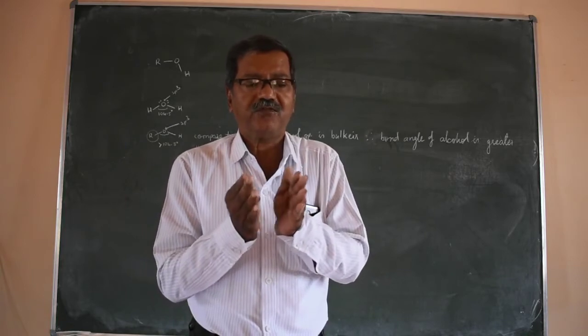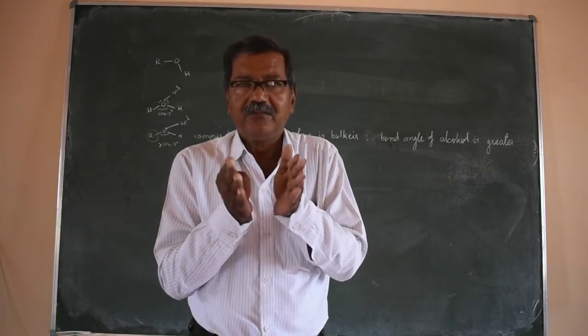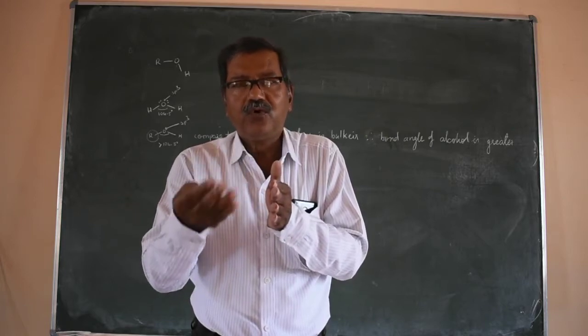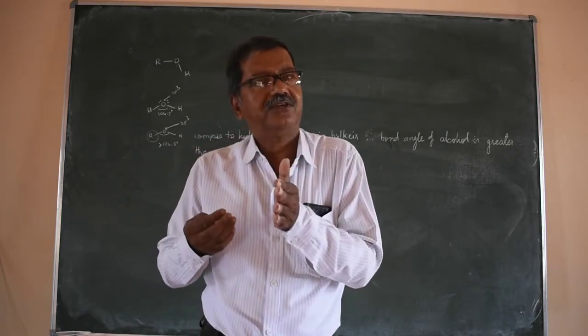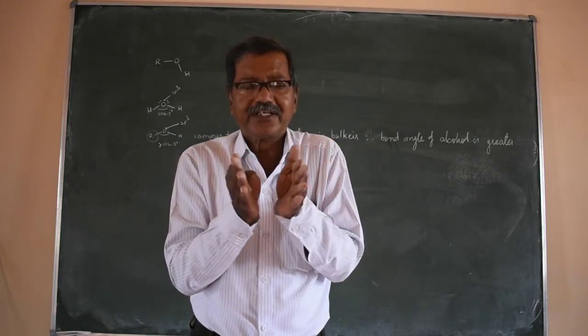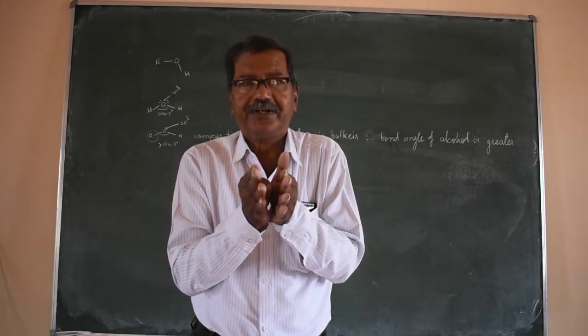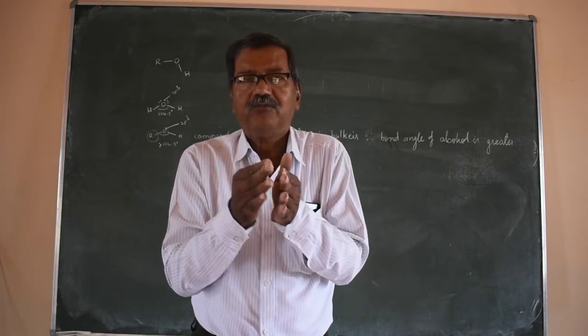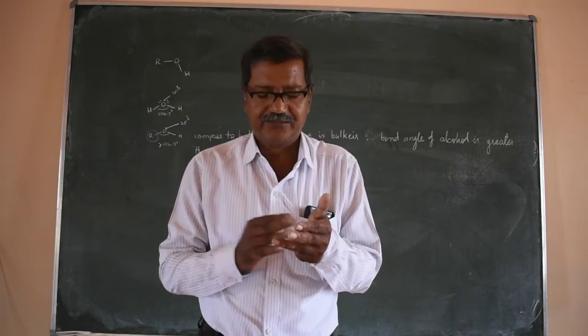This is because of greater interaction between the ethyl alcohol molecules. We have 2 carbon atoms compared to 1 carbon in methyl alcohol. With 2 carbons, van der Waals interaction becomes greater. Due to greater van der Waals force, boiling point increases.